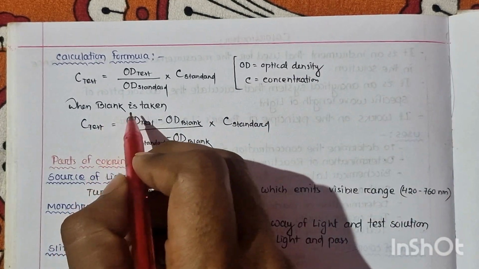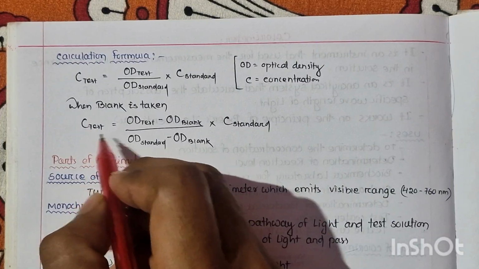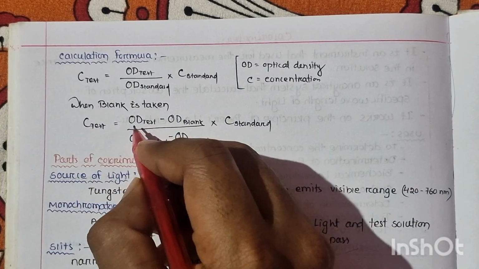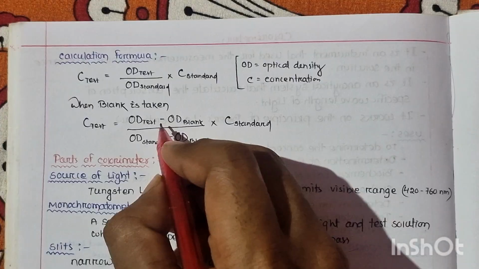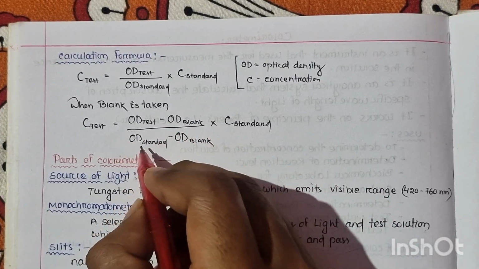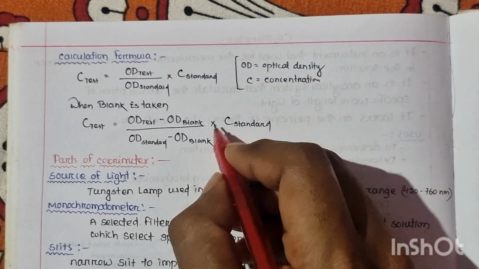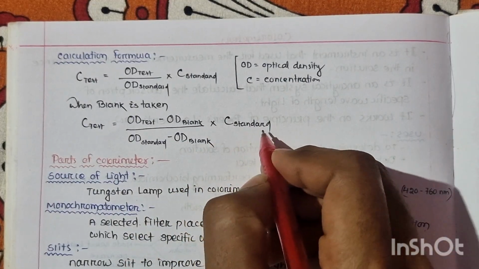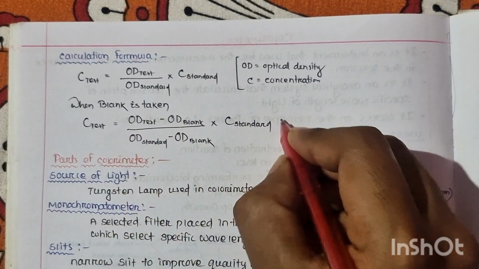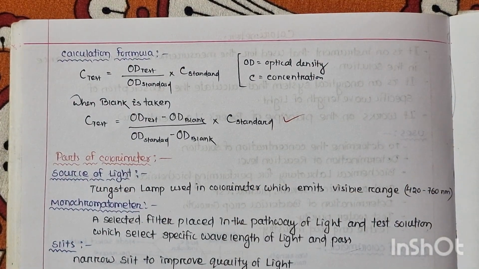When we take the blank, then the concentration of test is equal to optical density of test minus optical density of blank, divided by optical density of standard minus optical density of blank, into concentration of standard. It is the formula for calculating the concentration of the test.